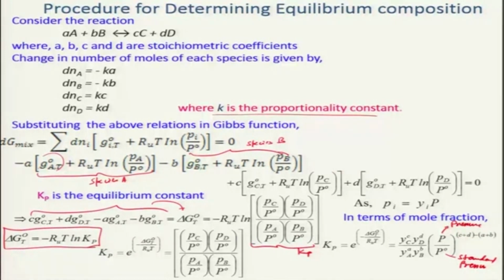If it happens to be the same as the standard pressure, P equal to P naught, then this will be 1, and if it is a different pressure, these terms have to be considered also.